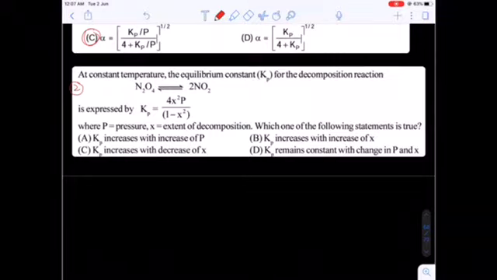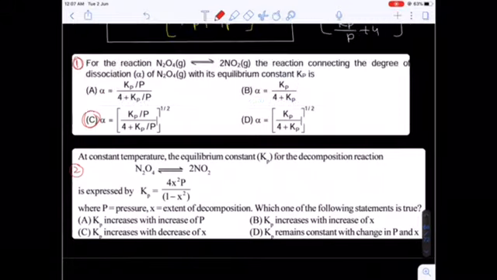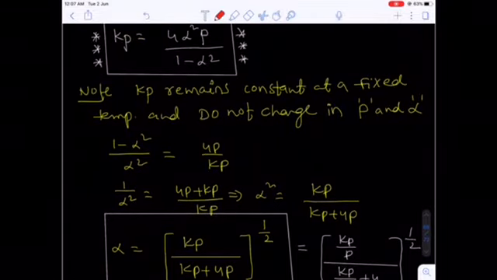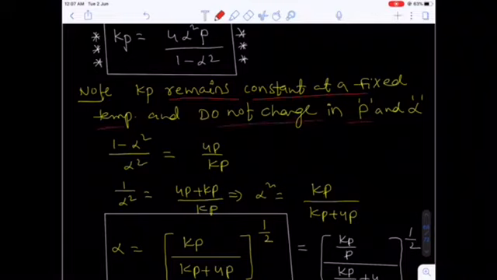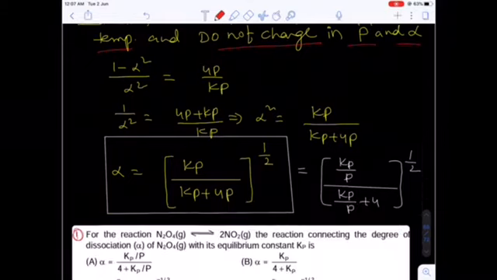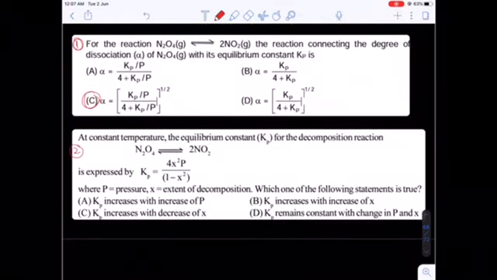Now what is the correct statement? Here P is the pressure, X is the extent of decomposition, that means alpha. Which statement is true? Kp increases with pressure? No, Kp is independent of the pressure. The key point I wrote here: Kp value remains constant at a fixed temperature and does not change with pressure and alpha value. So the first option is incorrect.